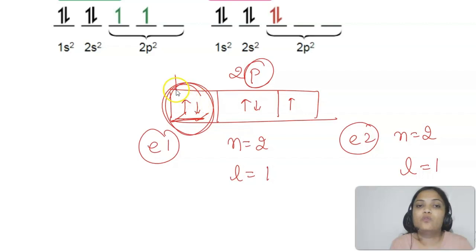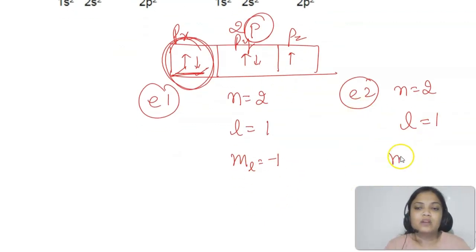Okay, now both of them are in the px orbital. So the value of ml, let's say it's -1. Okay, -1, 0 and +1 are the possible values. So ml is -1. Now the 3 quantum numbers are the same. According to Pauli's exclusion principle, the 4th quantum number cannot be the same, and the 4th quantum number is the spin quantum number, right?